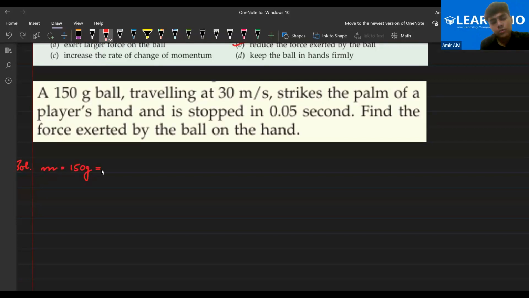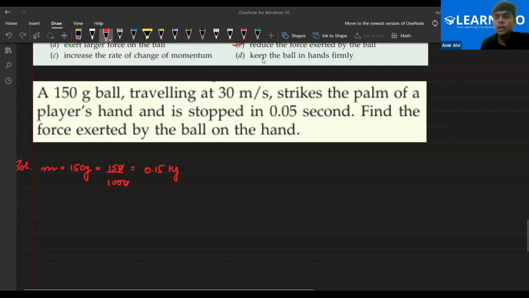150 grams. So I'm going to convert it into kgs. Okay, I got one more answer by Sitva.